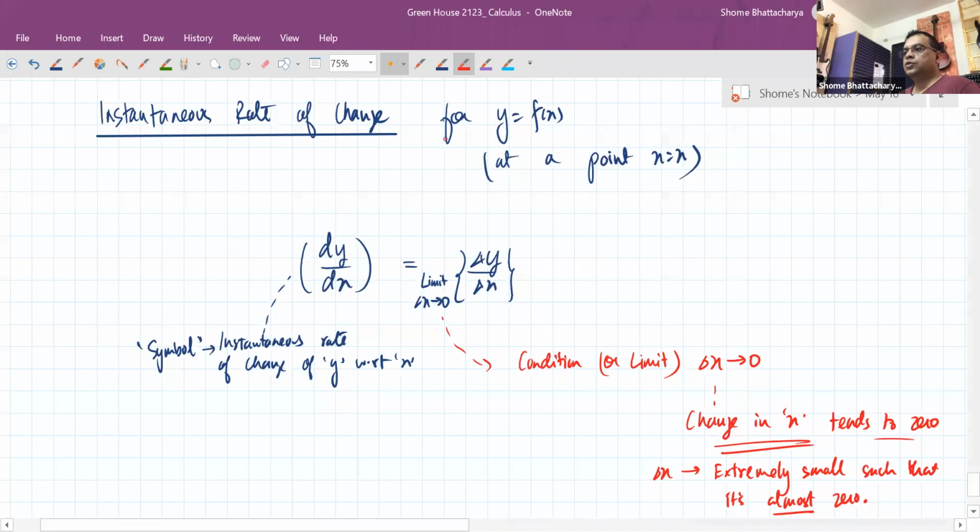Okay. So again, how that will be interpreted is delta y will be f(x plus delta x) minus f(x), divided by delta x, but for the limit that delta x tends to 0. So in this equation, d is constant, right? No, d stands for change.